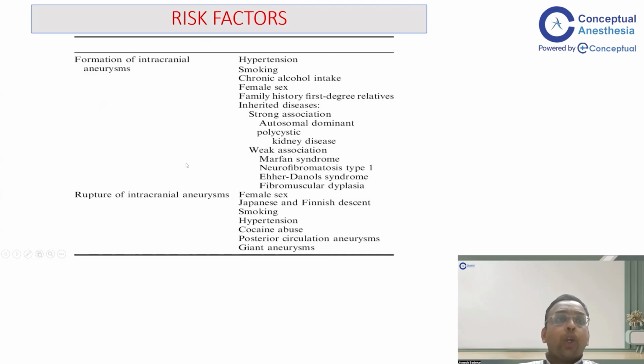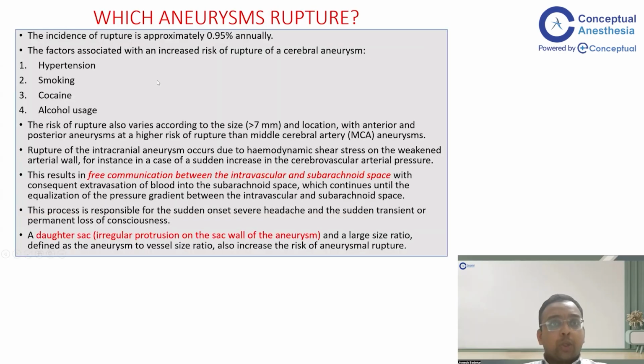Not all aneurysms rupture. There are certain aneurysms which have high propensity of getting ruptured, which include female sex, patients with smoking, uncontrolled hypertension, cocaine abuse, and posterior circulating aneurysms or very huge or giant aneurysms. They have a higher propensity of getting ruptured. So which aneurysms rupture? The incidence of rupture is approximately 0.95% annually.